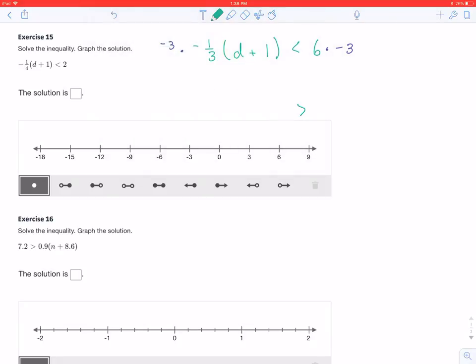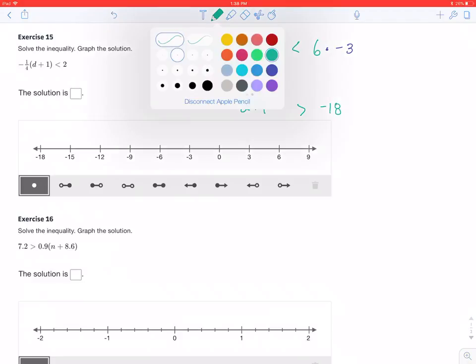After doing that, negative 3 times negative 1/3 cancels out to leave us with a positive 1. So the only thing we'll have left on the left side is not just d, but the d plus 1 quantity that was inside of the parentheses. On the right side, 6 times negative 3 is negative 18.